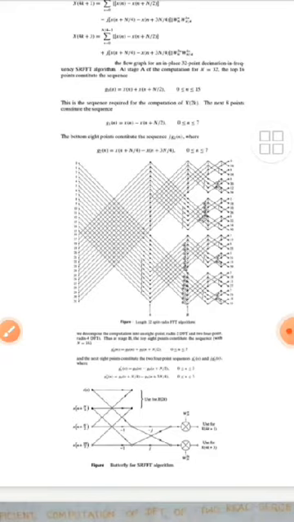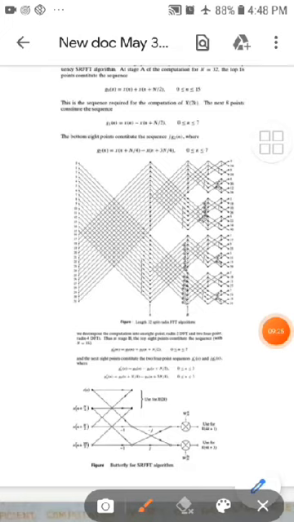Next, we decompose the computation into an 8 point radix 2 DFT and two 4 point radix 4 DFTs. In the next stage, the 8 point radix 2 DFT and the 4 point radix 4 DFTs.